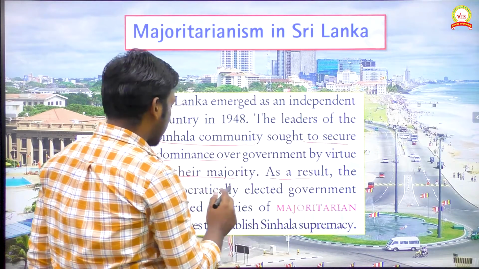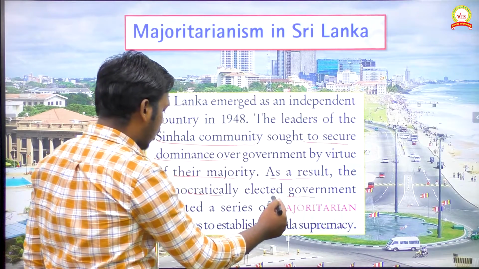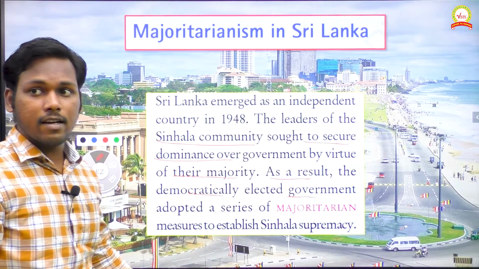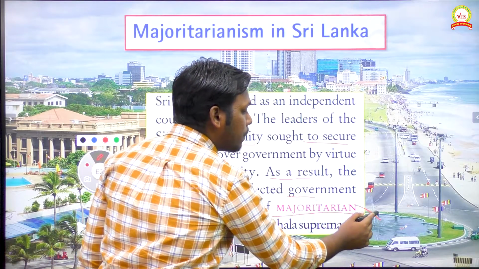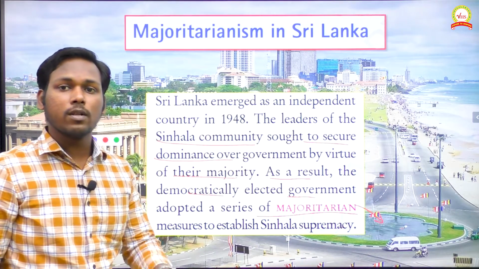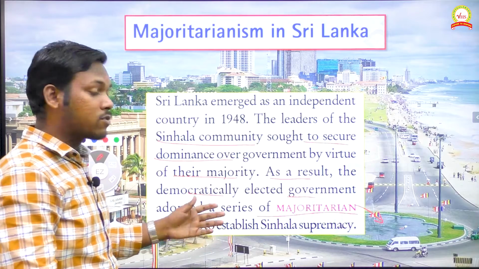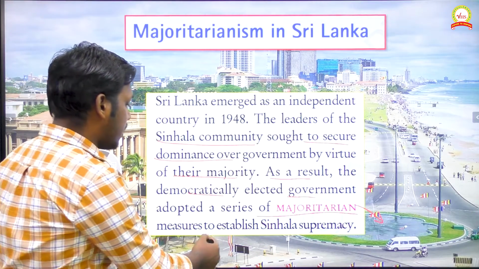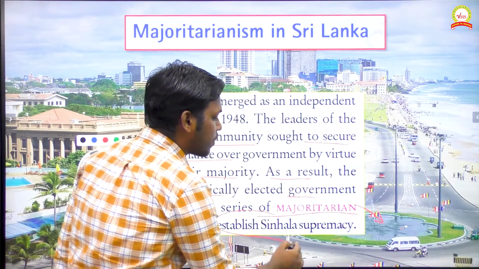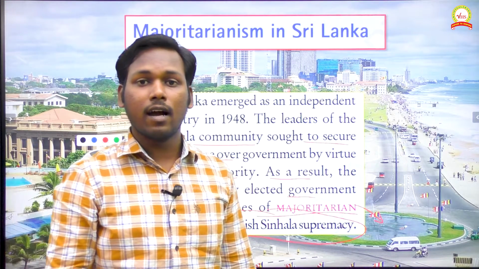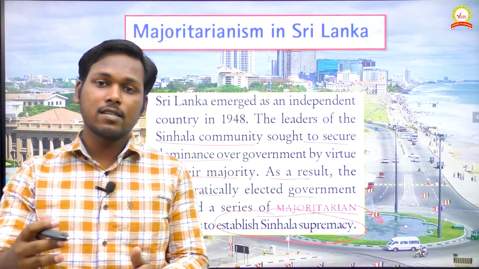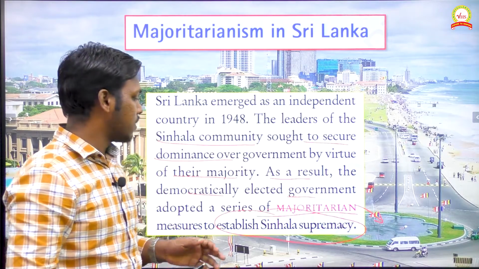As a result, the democratically elected government adopted a series of majoritarian measures. Majoritarian measures, I told you, means imposing the will of the majority. Whatever they think will be implemented. Actually, that was implemented. Measures to establish Sinhala supremacy. They wanted the Sinhala speakers to rule the country, and they wanted them to be placed in several high positions in the country.